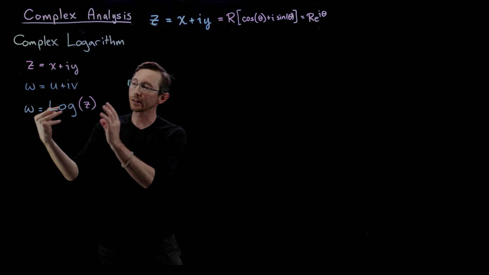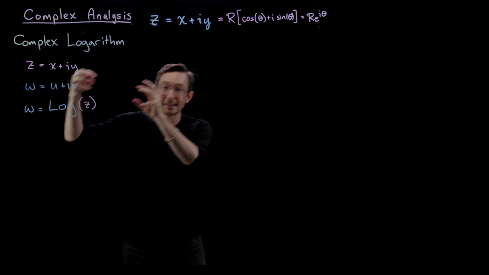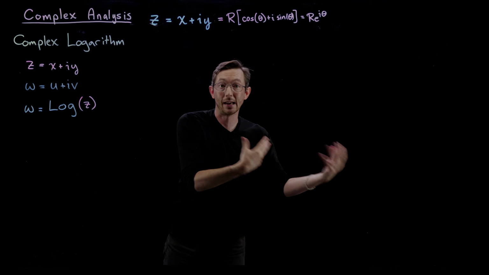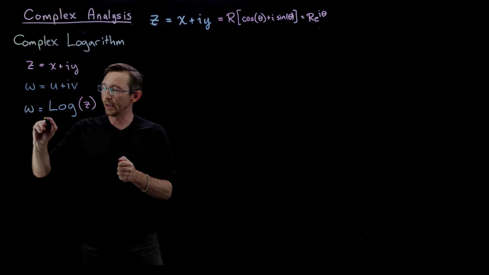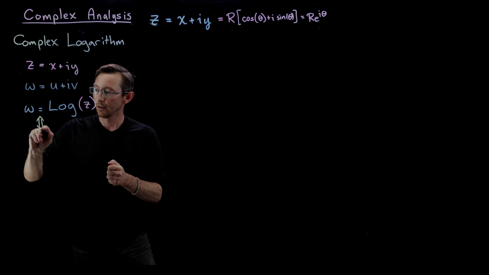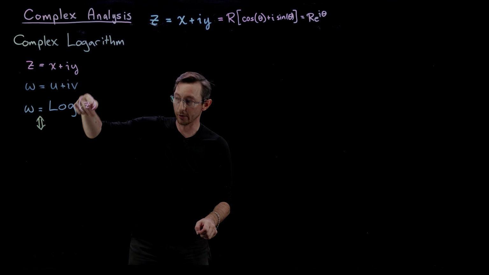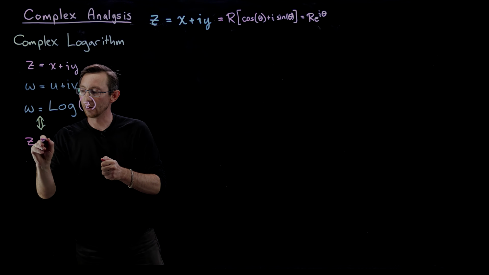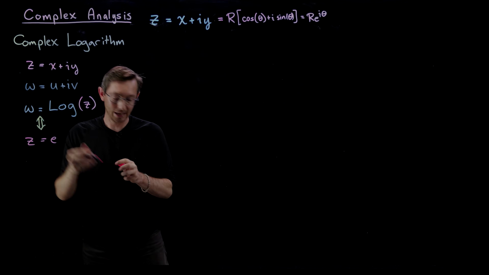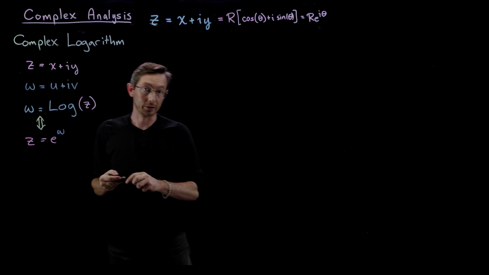And we're specifically going to define this complex logarithm so that it is the inverse of the complex exponential. So if this is true, then we expect that the exponential of w is going to equal z. So z should equal the complex exponential e to the power w.